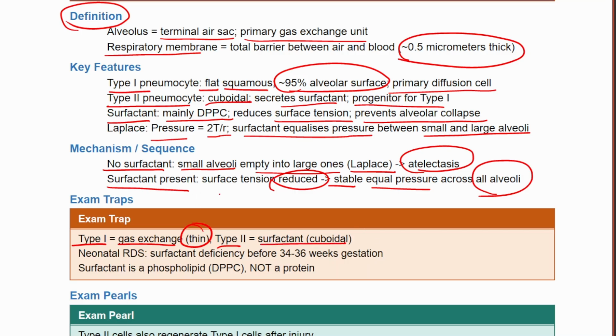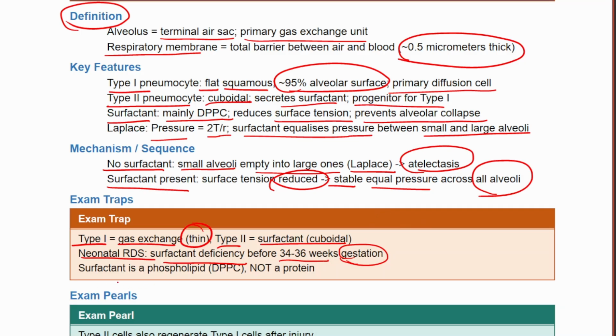Second, understand the clinical correlation with neonatal respiratory distress syndrome, or neonatal RDS. This condition is caused by surfactant deficiency that typically occurs before 34 to 36 weeks of gestation. Gestation means the progression of pregnancy, as the fetal lungs have not yet produced enough DPPC to sustain independent breathing.